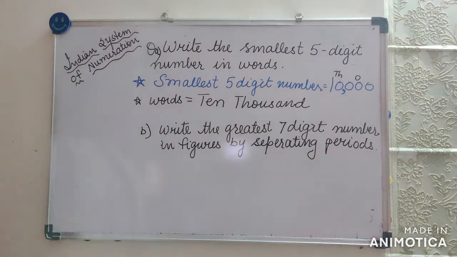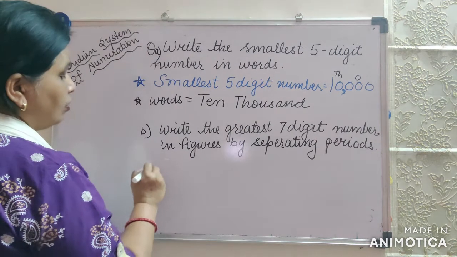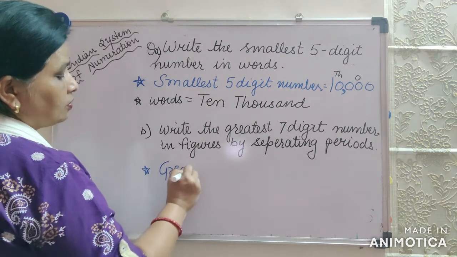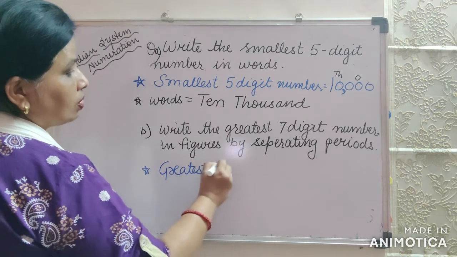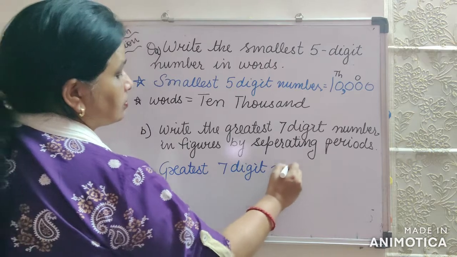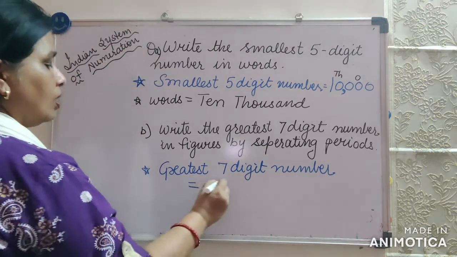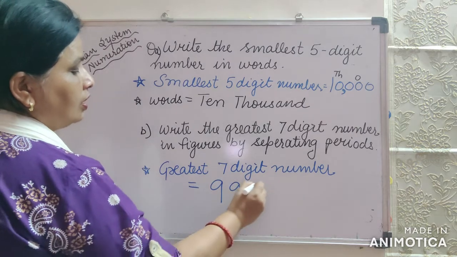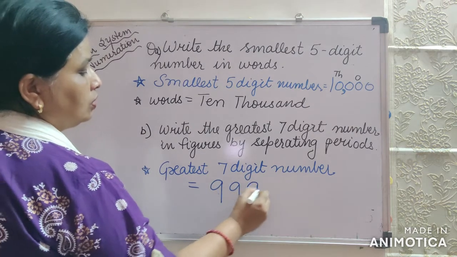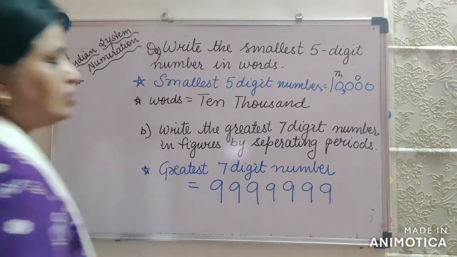Right? Again, in the next question, write the greatest 7-digit number in figures by separating periods. So here again you will write down the greatest 7-digit number, which is equal to 9999999, that is, 7 times 9.